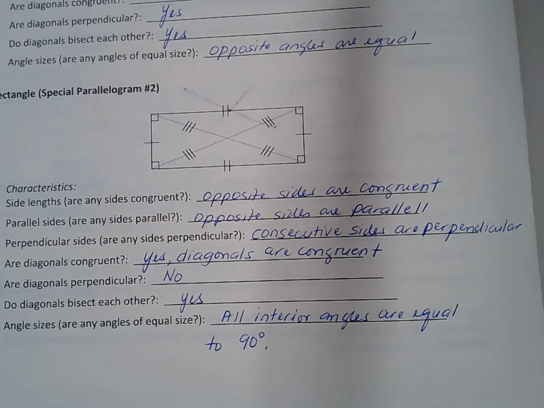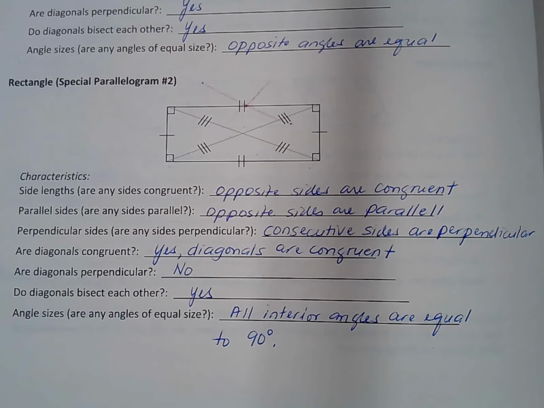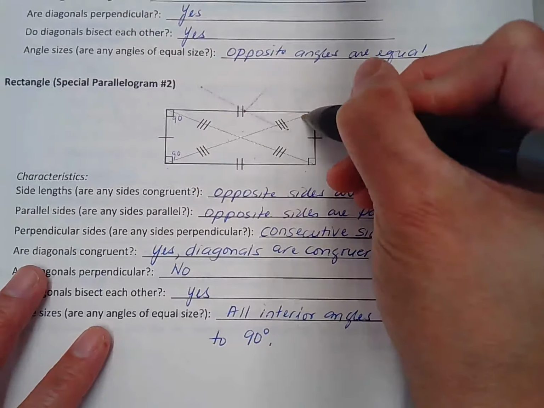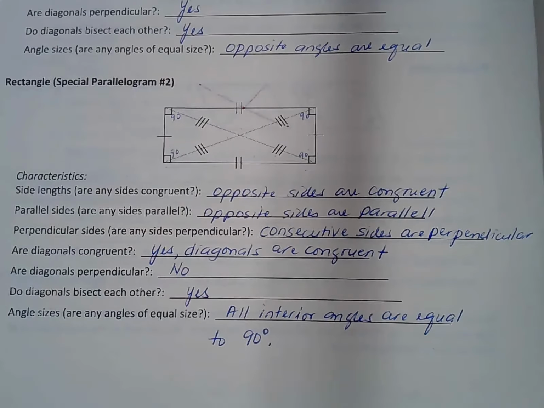Okay, I have to stop right here. All interior angles are equal to 90 degrees. So this is 90, this is 90, this is 90. Okay, so great. That's a good place to stop.